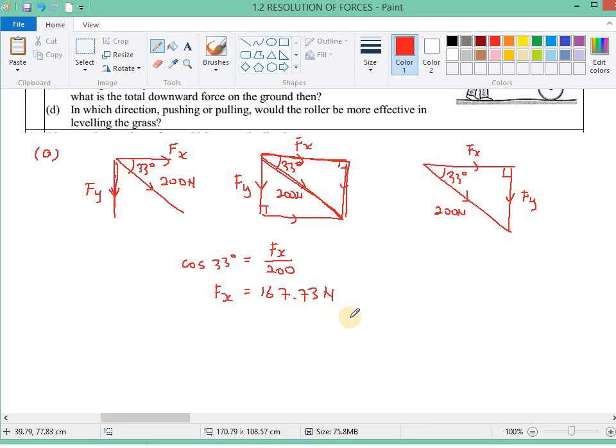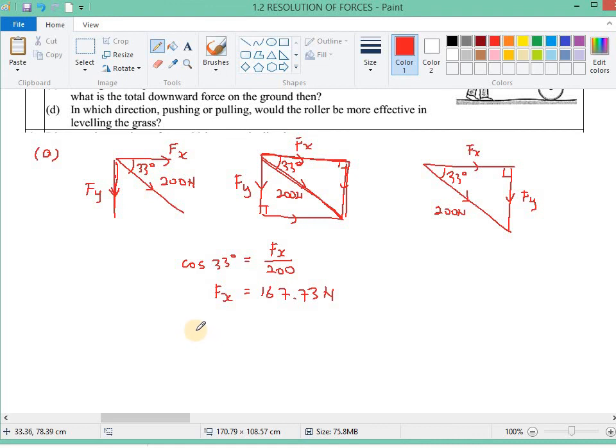More than that, no problem. Minimum 0.73, that means 2 decimal places. That is the minimum. In physics, you can write as long as you want, the whole thing also can, no problem. But the minimum must be 2 decimal places.